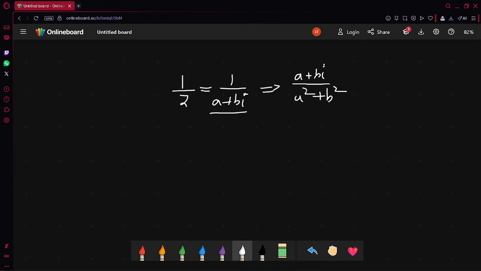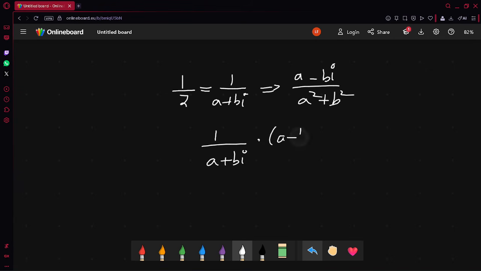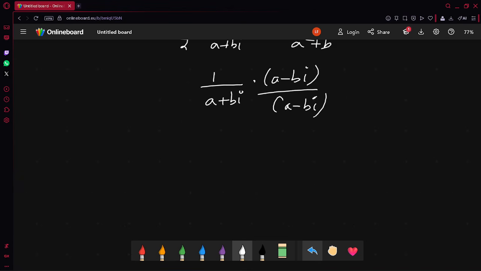And this is a thing to remember. So how do you get this? A plus bi times a minus bi divided by a minus bi. This is a minus bi divided by a squared plus b squared.